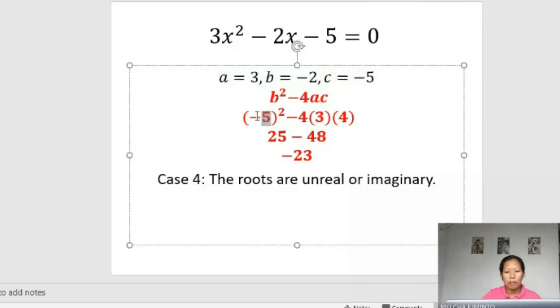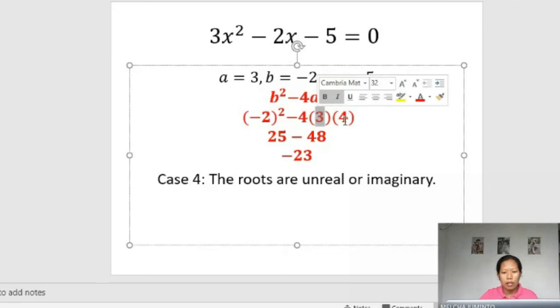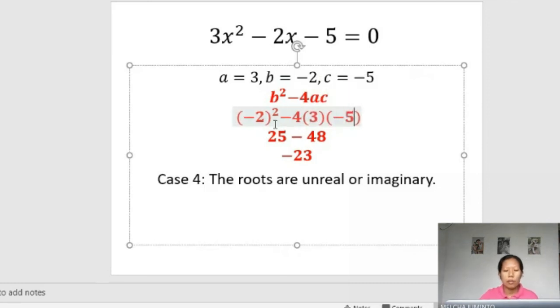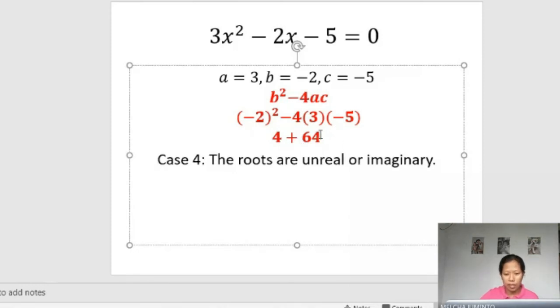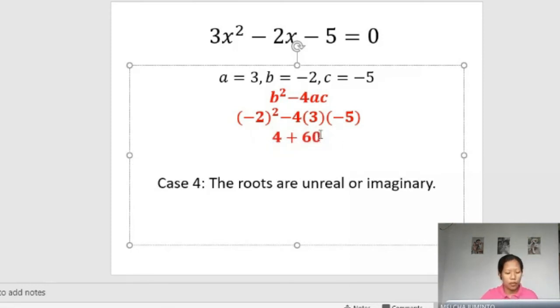We start with the value of b, which is -2, squared, followed by -4 times 3 times -5. So we square -2, which is 4. And then once we multiply -4 times 3, that is -12. -12 times -5 will give us a positive answer, positive 60, sorry, the 64 is for the last.